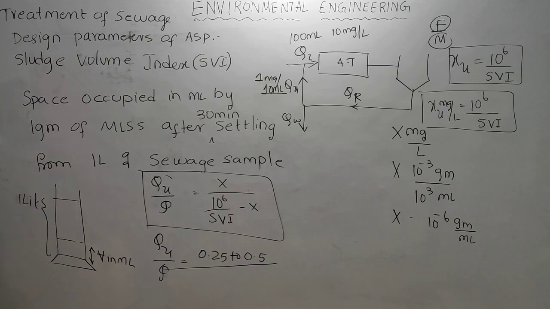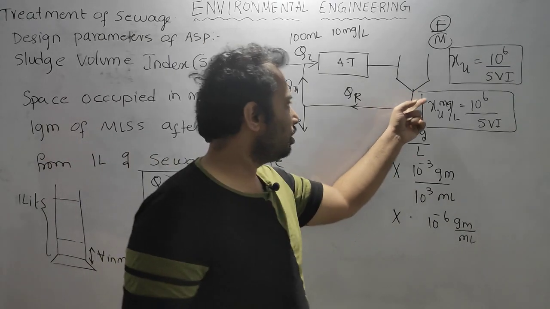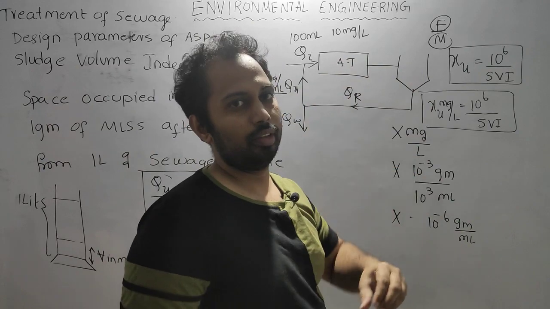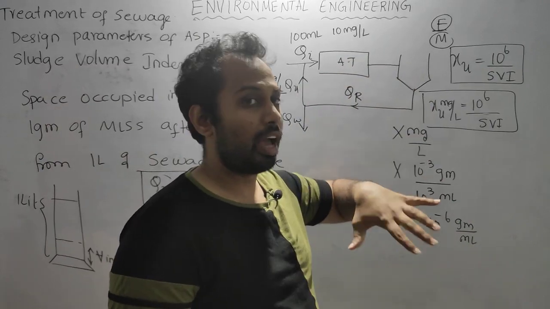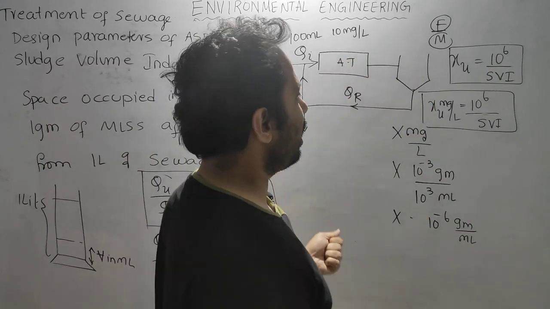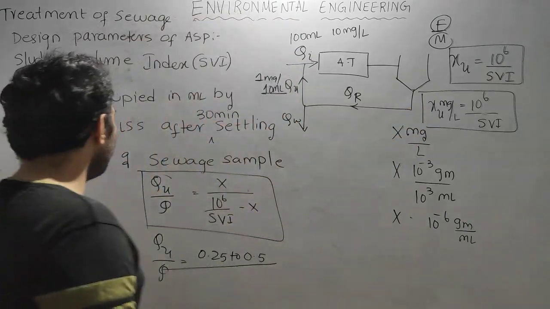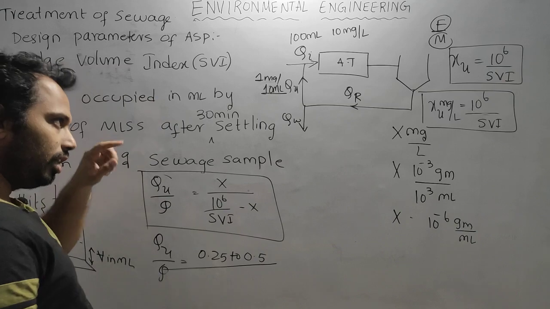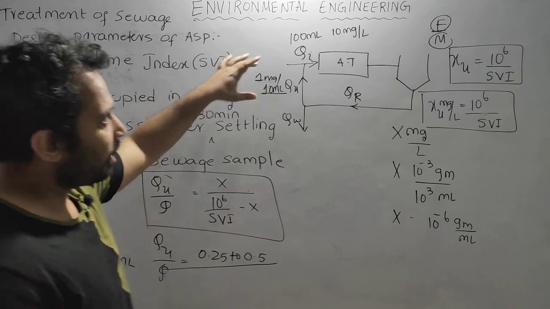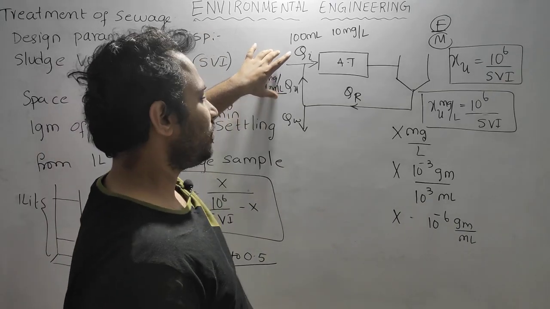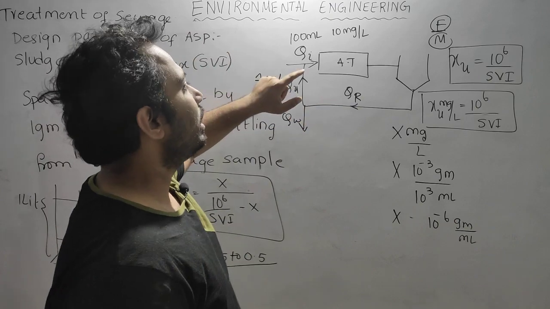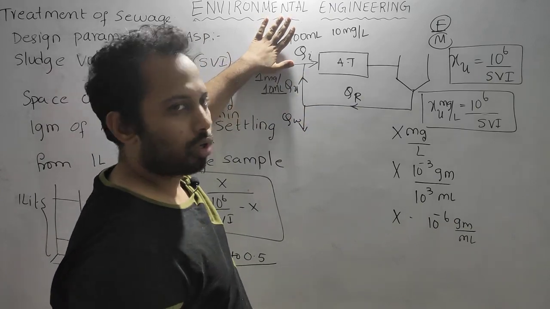Whereas you are sending this XU from the activated sludge, where you are taking very little, you will have more concentration. Whenever I am equating this XU and X, I am taking a 1 liter sample only. But in reality, XU and X are calculated in the total amount of water.